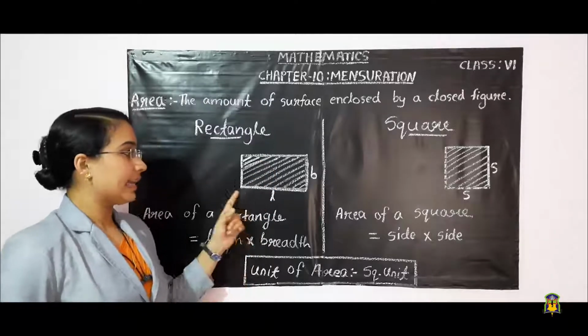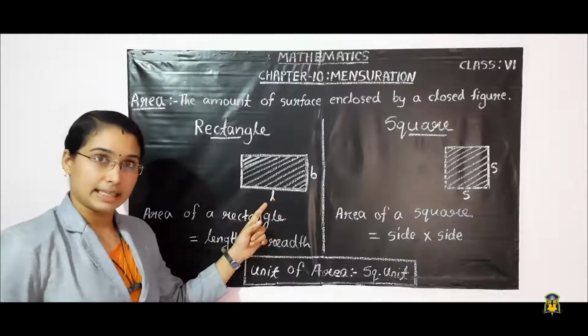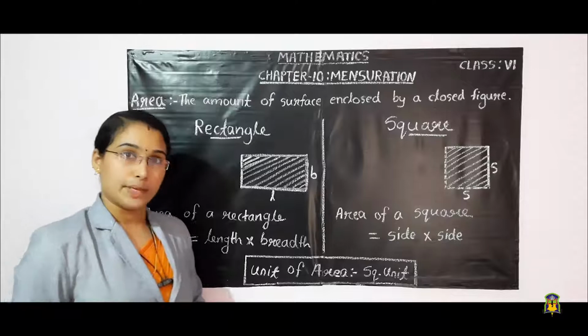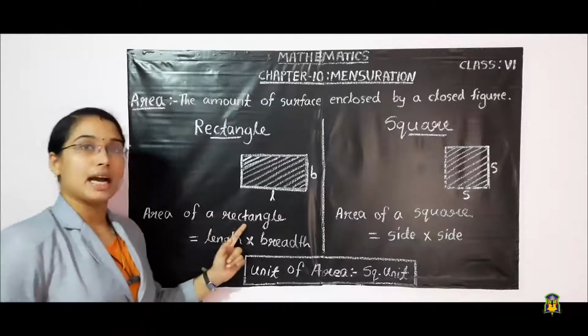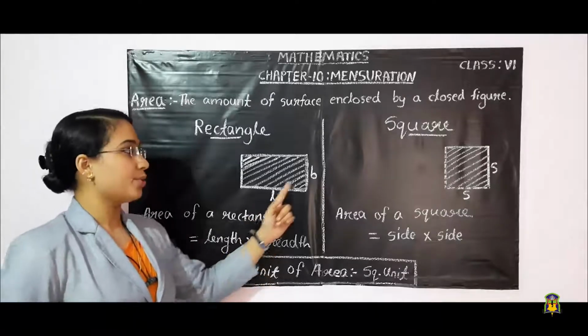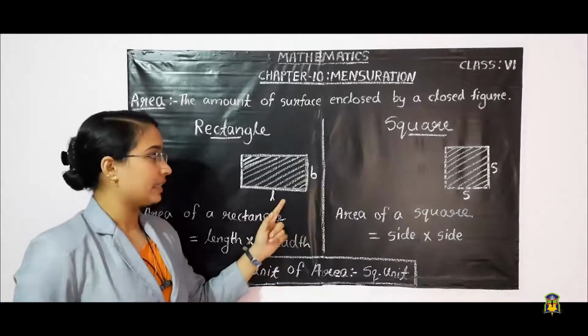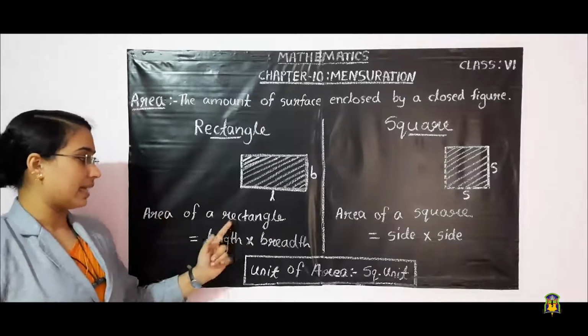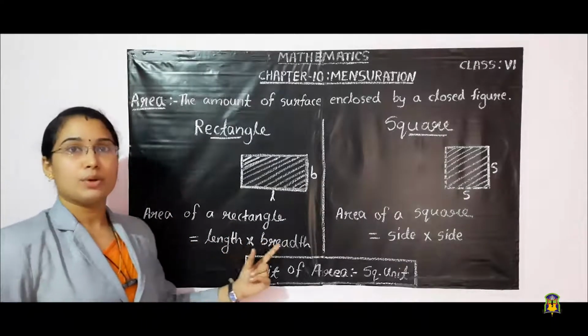So the length is denoted by small letter L and the breadth is denoted by small letter B. Then area of a rectangle is equal to length into breadth, L into B. Any one of the lengths into any one of the breadths. So area of a rectangle is equal to length into breadth.